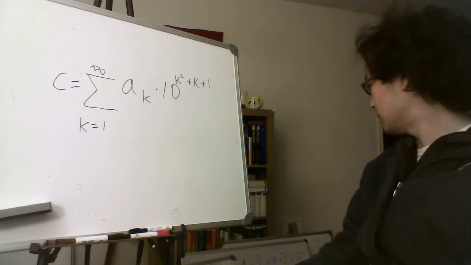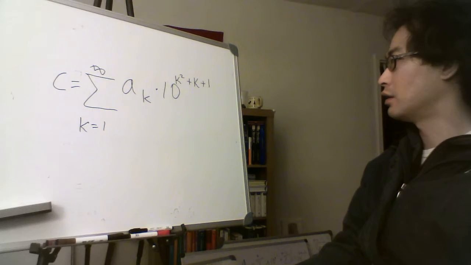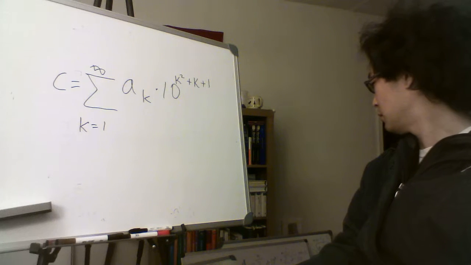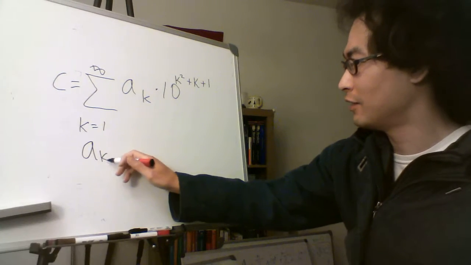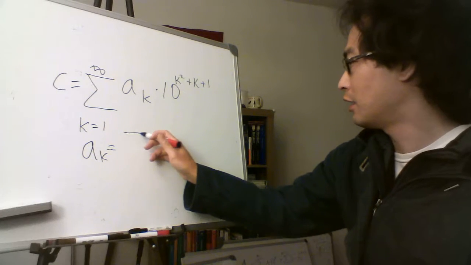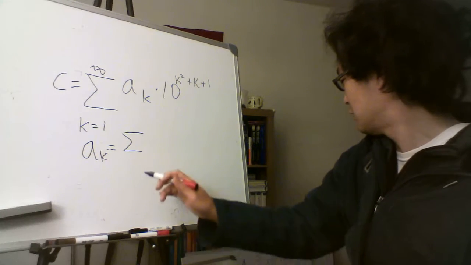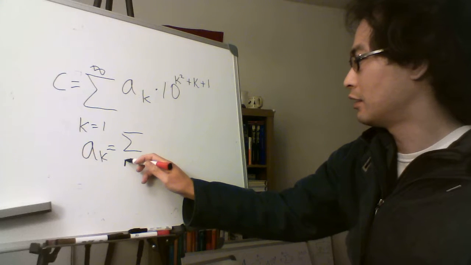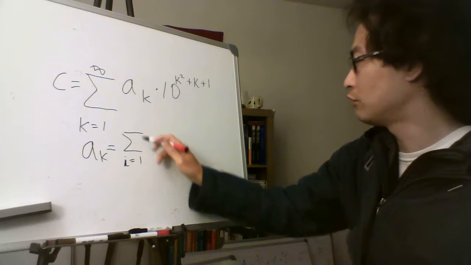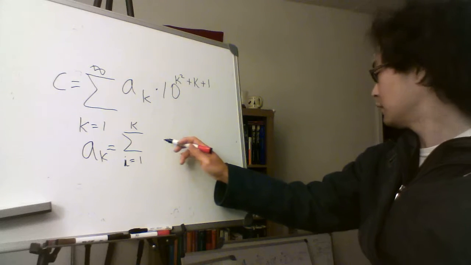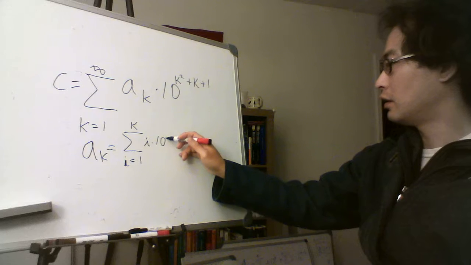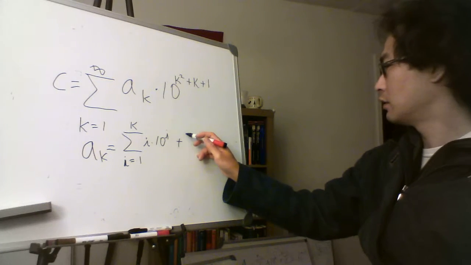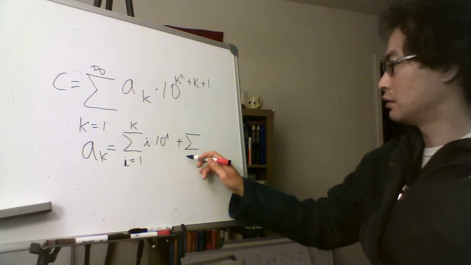So we'll do it in 3 steps. A to the k is equal to the sum from i from 1 to k, substituting variables, i times 10 to the i plus j.